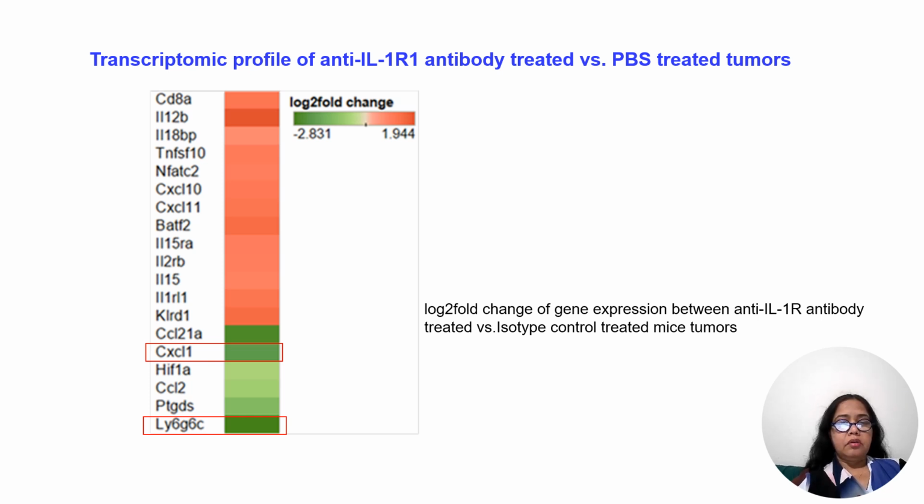However, less CXCL1. So the CXCL1 is the main chemokine that can attract MDSC. So when we block interleukin 1 pathway, there is less CXCL1 chemokine, and also low number of Ly6C. So this is also Ly6C like MDSC.